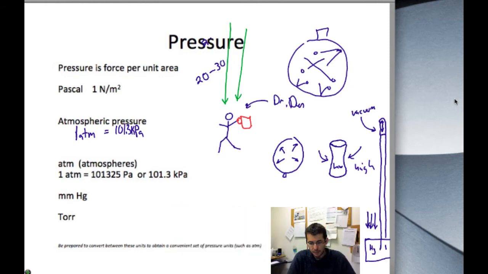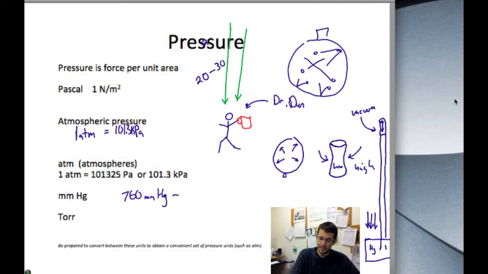So that's a barometer. But a barometer only works with measuring bulk atmospheric pressure or external pressure. And as it turns out, the average height at sea level for this column of mercury is 760 millimeters of mercury high.